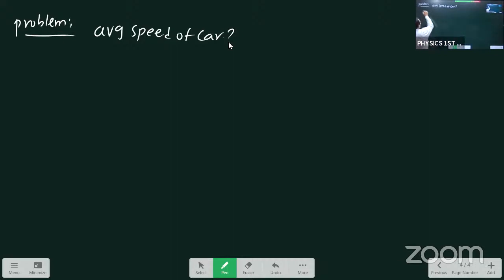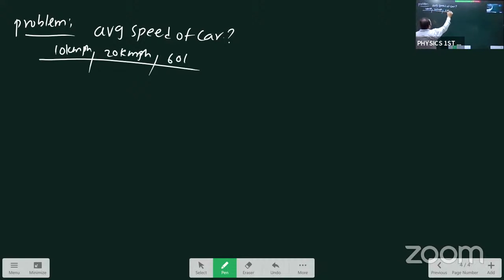Students, 10, 20 kilometer per hour, 60. First third, second third, last third. So in total 1, 2, 3. Total 3 different categories, students.